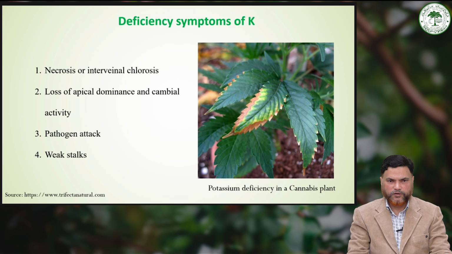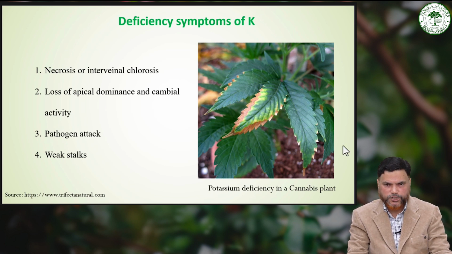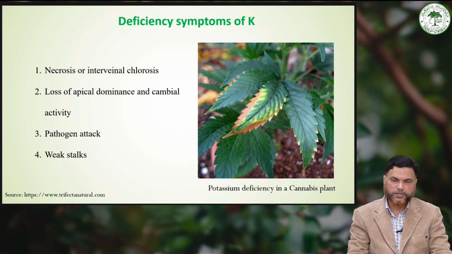Now, you see that once a plant faces any sort of potassium deficiency, it will be visibly reflected and could be observed by the person who is growing any sort of crop.